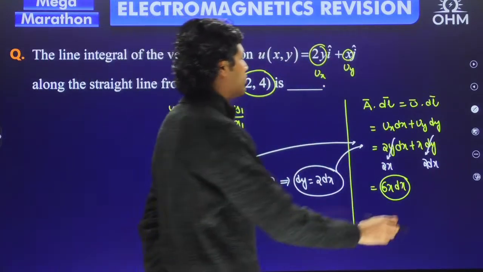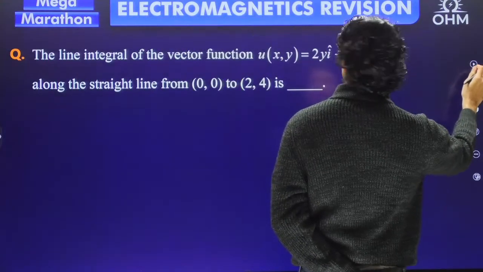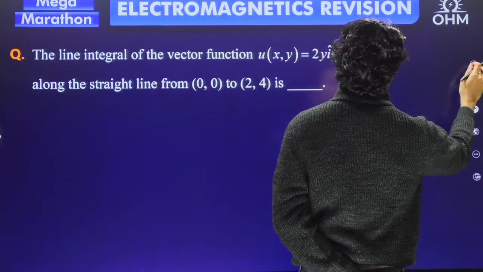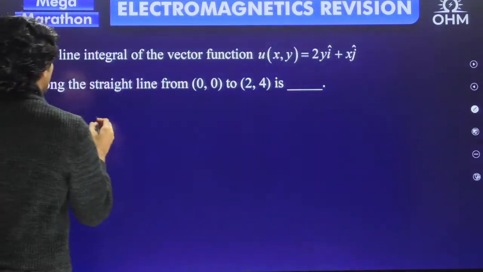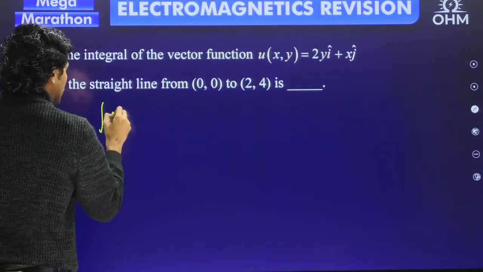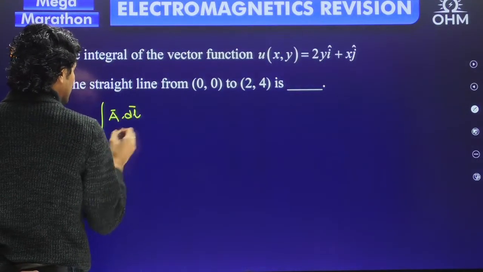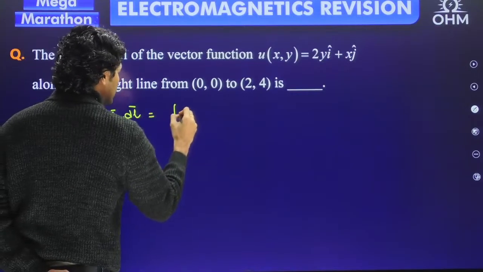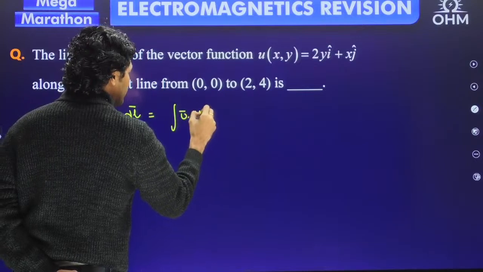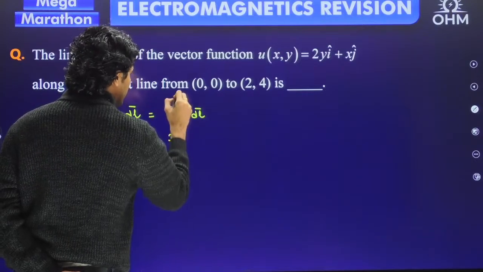So now we have to perform the line integration. Same question. Now the integration of a bar dot dl bar from i to f becomes equal to the integration of u bar dot dl bar from i to f.